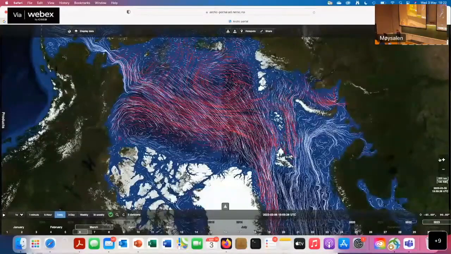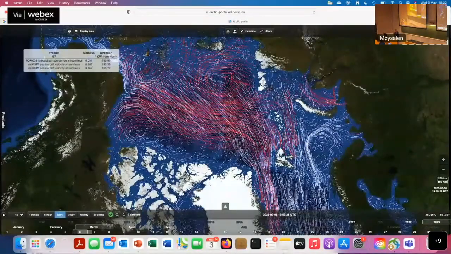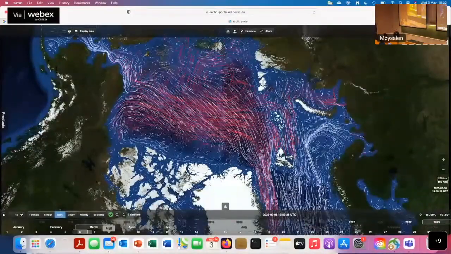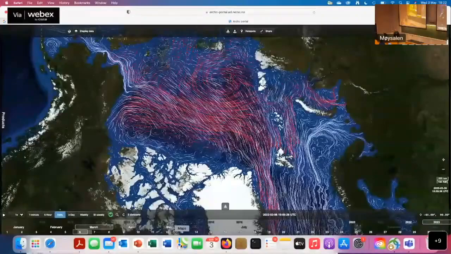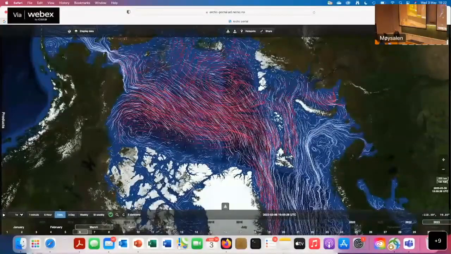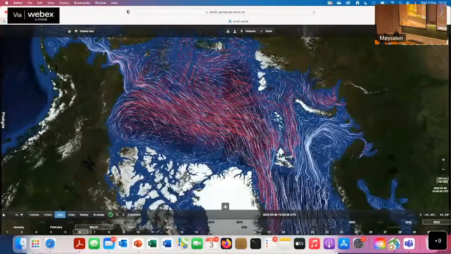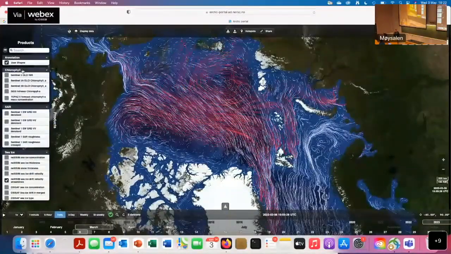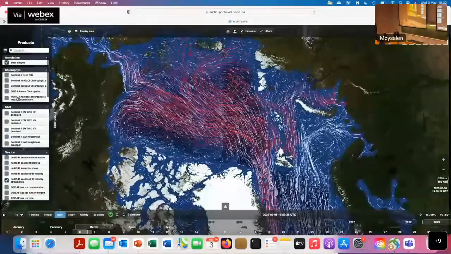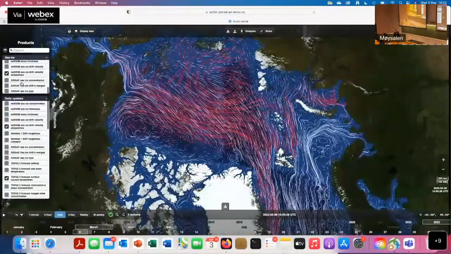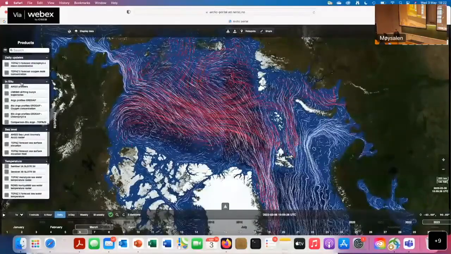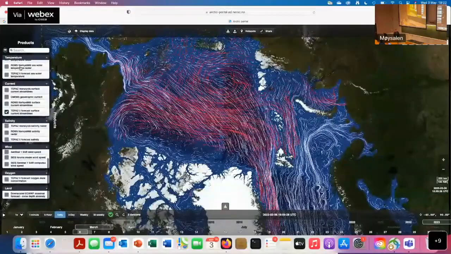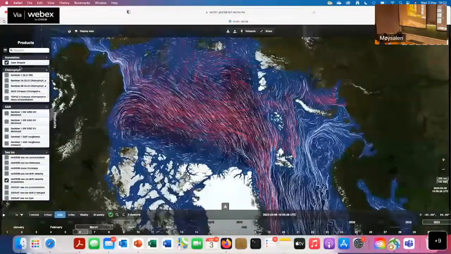It has an ability to select dates on the lower part here, days, months, years, and one can have data brought in from here, where you can explore satellite data, and you can start to find forecast fields for models. You can have in situ data, and so on and so forth.